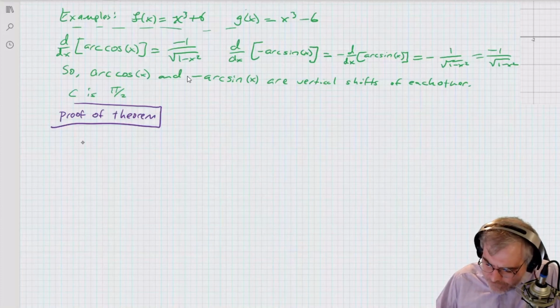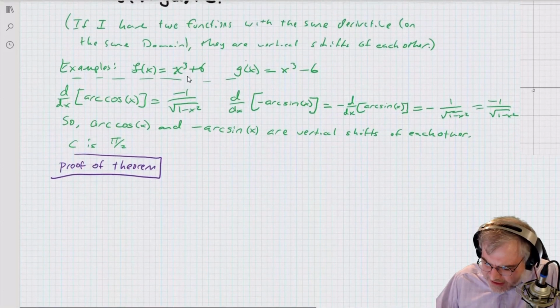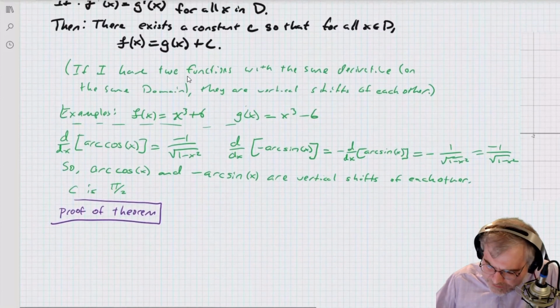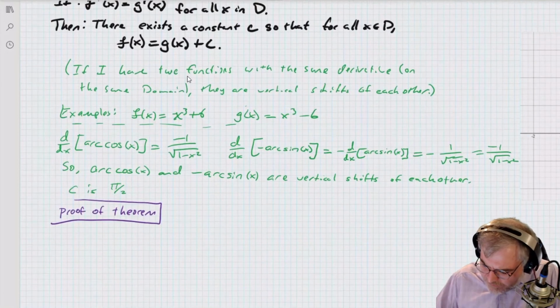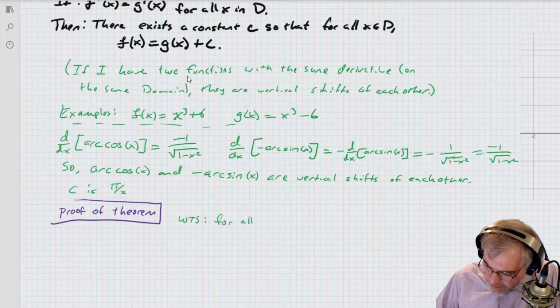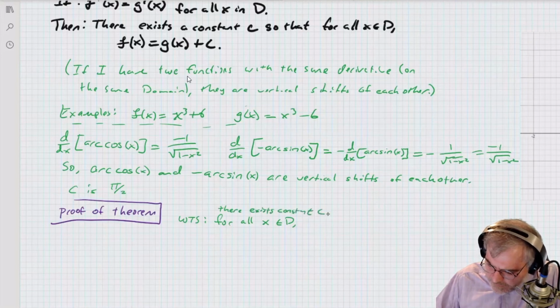Let's prove it. So here I'm going to use that same magic trick like I kind of did before. Okay, so my strategy is going to be as follows. This shouldn't be in green.